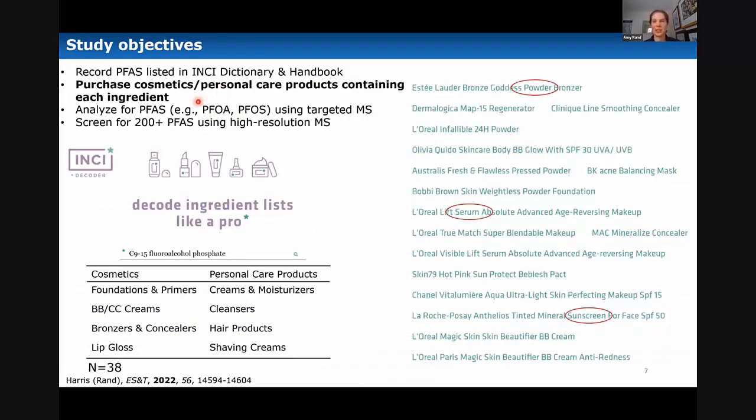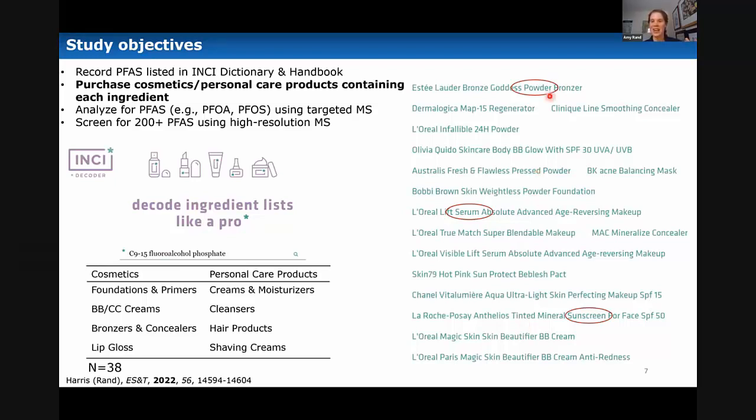The next was a pretty simple step. That was simply to input each ingredient into a website called INCI Decoder in order to get a list of products that contained the ingredients. So for example, one of the INCI compounds was the C9 to 15-fluoroalkyl phosphate. We did a quick search on this website and got a suite of different products containing this specific ingredient.